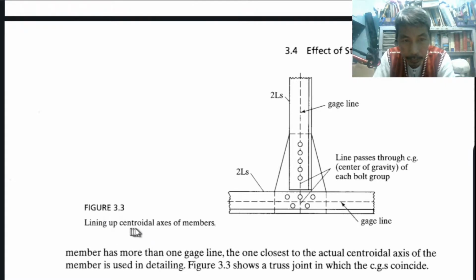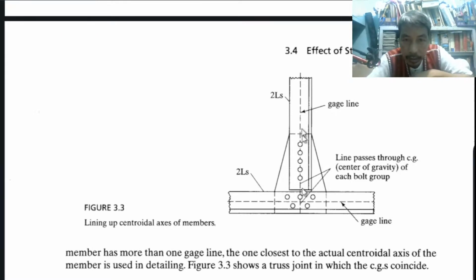This is the centroidal axis. You notice the center line, another center line. Note that at this center line there are no holes, but in the other center line there are plenty of holes.